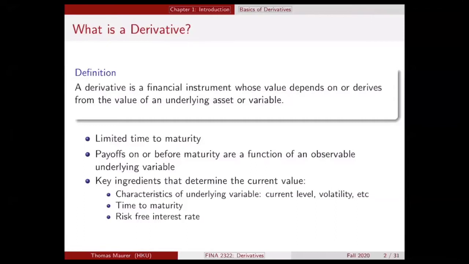The key ingredients to determine the current value, so that's not the payoffs, but the current value today, which is in some sense the present value of all the future payoffs, are the characteristics of the underlying variable on which the derivative is written, and in particular the current level of that underlying variable, also its volatility, or in other words, its dispersion, meaning by how much it can increase or decrease over the lifetime of the derivative, and potentially some other characteristics.